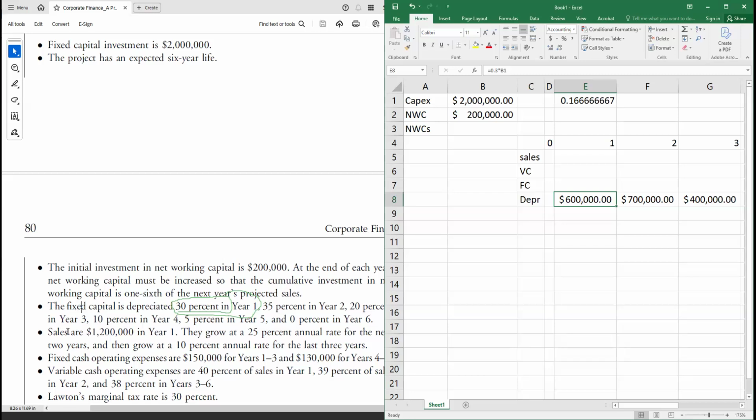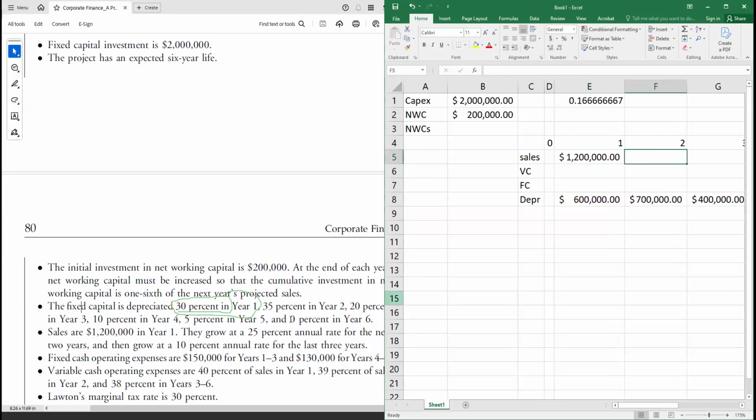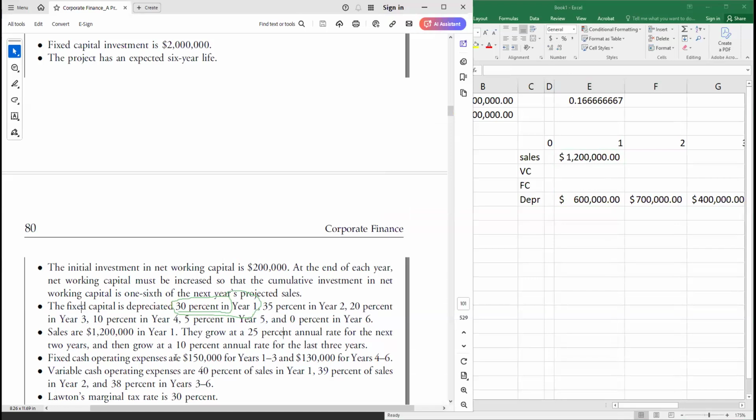It says that sales are 1,200,000 in year 1. So 1,200,000 in year 1. And it's going to grow by 25% annual rate for the next 2 years.